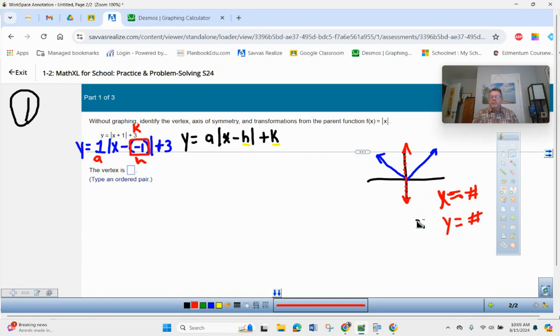So let's see here. Does this line go through an x value or a y value? It only touches the x-axis in one spot at 0, so it's going to go vertical, x equals 0, where y equals 0 would be horizontal.